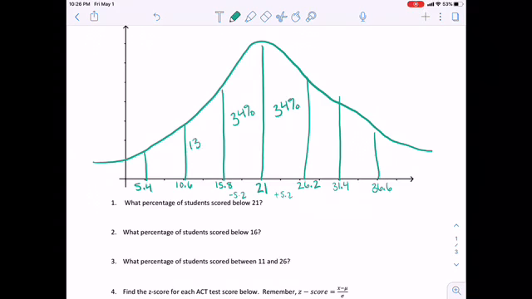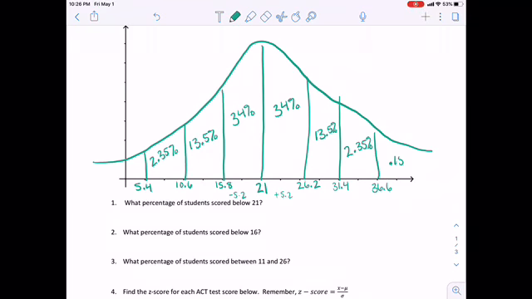We know that 13.5% of it falls in on these two sides. And then we have 2.35% of it. And then we know that these little tails each hold 0.15% of our data.